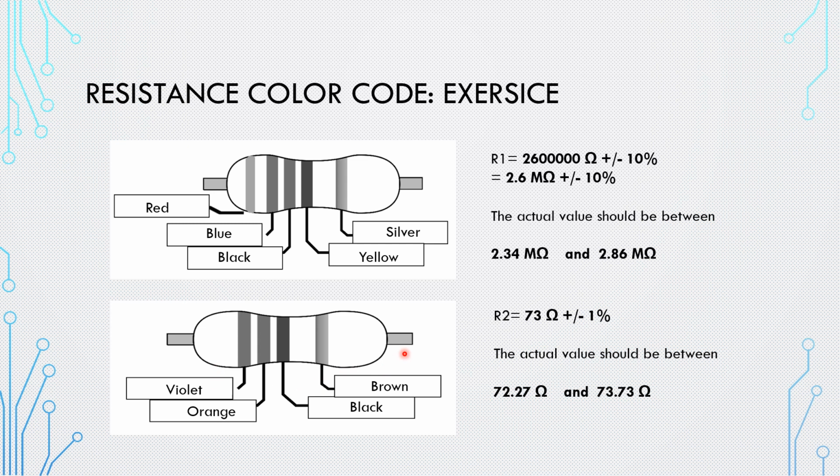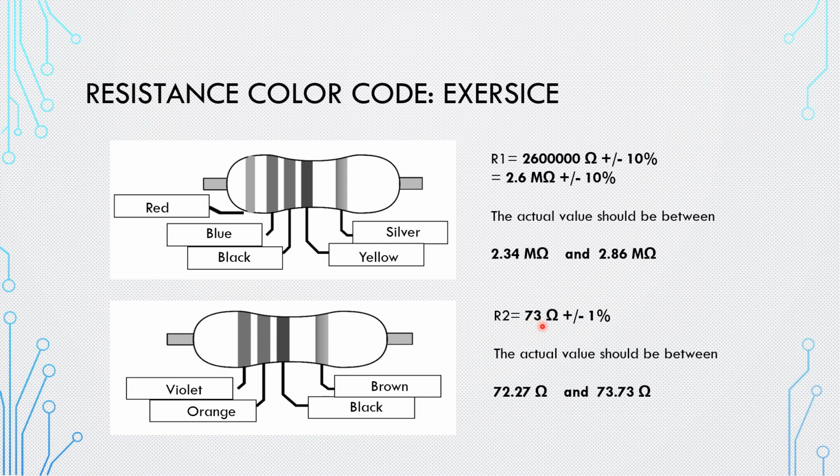In the second example, I'm having 4 colors. Since I'm having 4 colors, I'm going to neglect the third column, so I'm not using it. So violet is equal to 7, orange is 3, and black as the third color goes directly to the multiplier. I don't add a digit, I multiply by 1 since I'm having 4 colors.